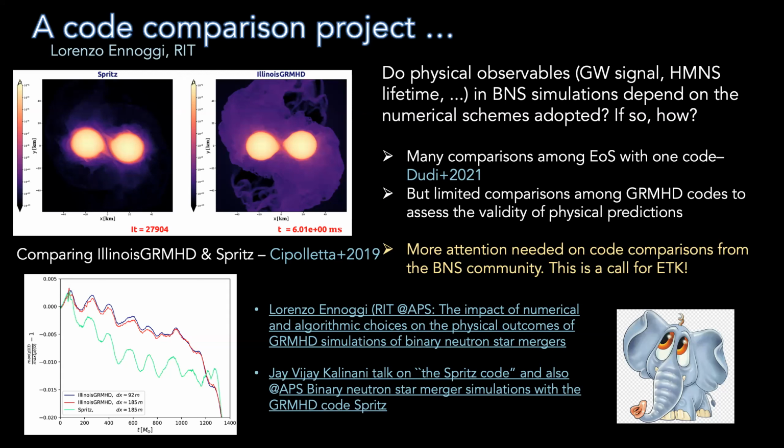The merger time is different, but also before the merger happened, we are noticing some differences, both in the waveform calculation and in other quantities. So this needs to be looked at, and I really encourage this community to start thinking about doing more comparisons, especially in the case where there is matter.